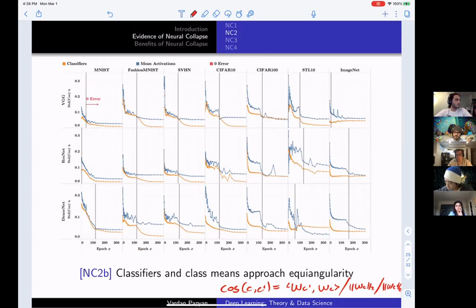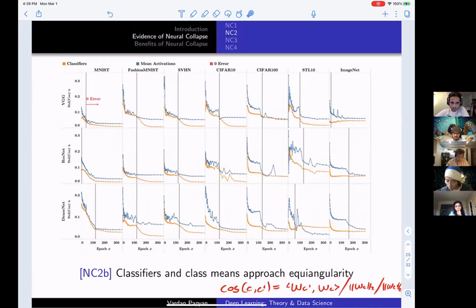Now, our prediction is that the cosines should be equal to each other, because we predict that all angles converge to being equal. So what we're measuring is the standard deviation of the cosines. And what you can see is that the standard deviation of the cosines decreases to 0.